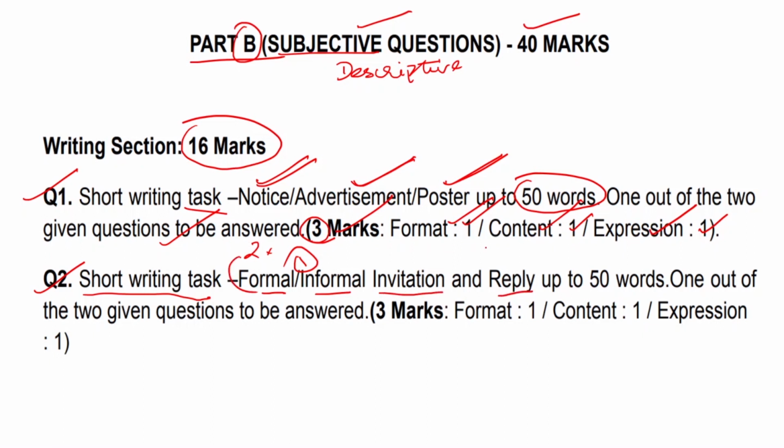This is another type of short writing task, formal or informal invitations or their replies. 50 words is the limit. 1 out of 2. Here also you will be asked 2 questions and you have to write any one. Distribution of marks is like this. Format carries 1 mark, content 1 mark and expression 1 mark. This is the pattern of general writing, short writing tasks. 2 tasks will be there.